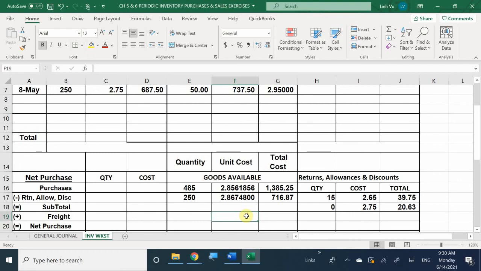Because we want to know how much it is going to cost me to sell each item. So in this case, my total cost is $716.87. I want to know how much each unit is going to cost me, so I divide it by my total number of units of 250. I got it. Okay.